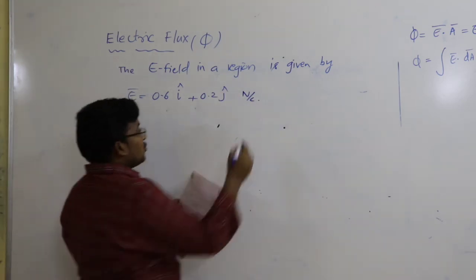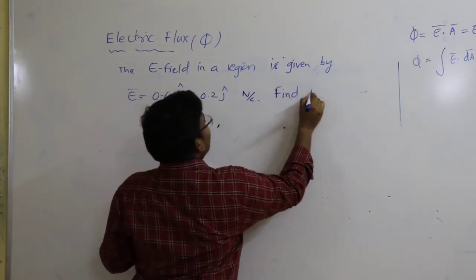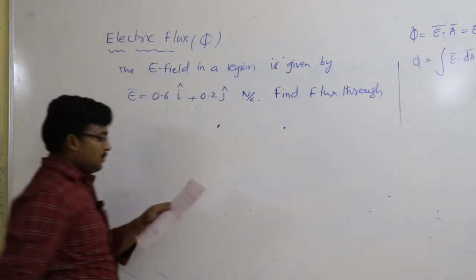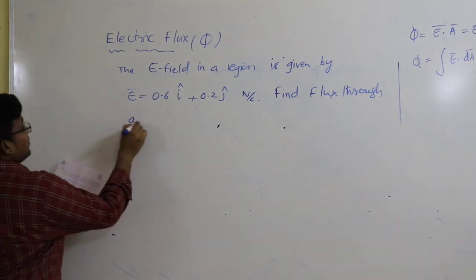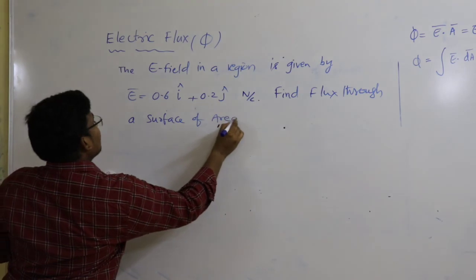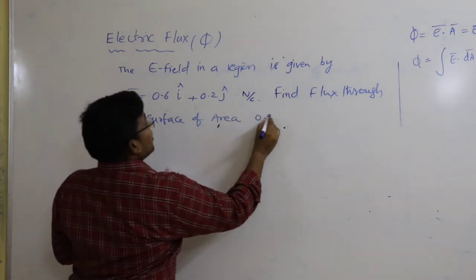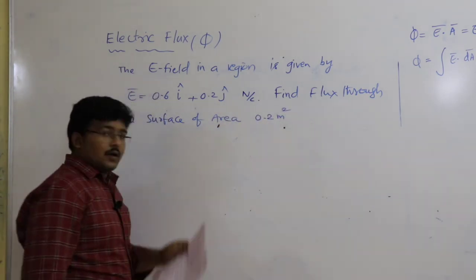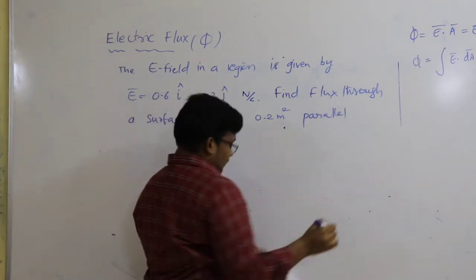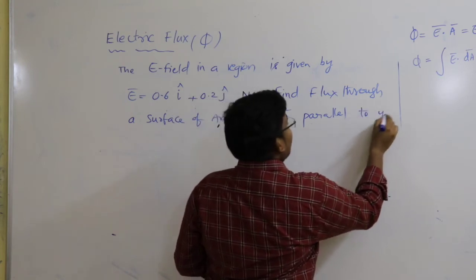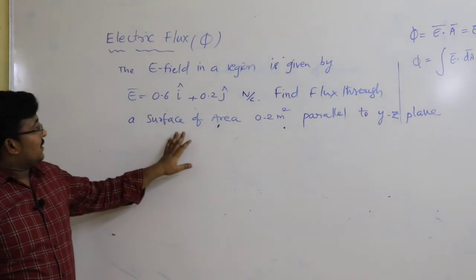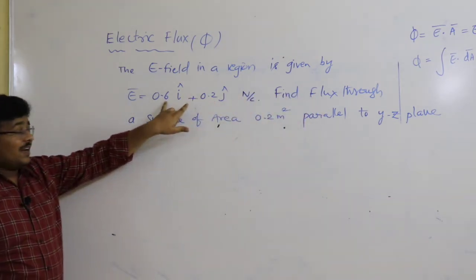Then find the flux through a surface of area 0.2 meter square parallel to the YZ plane. See, they have given the electric field.